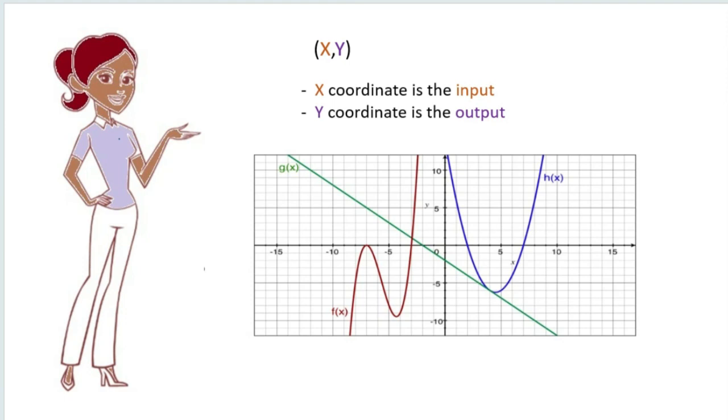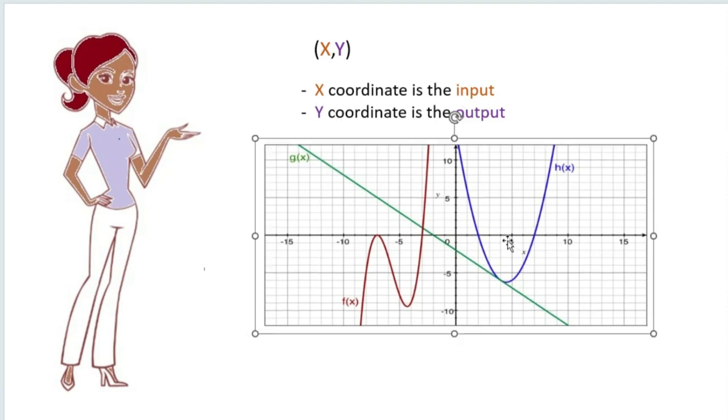So it's important to know that your x-coordinate is going to be your input and your y-coordinate is going to be your output. Let's say our input is 8. So I go along the x-axis and I find 8, and I'm going to go up to see where my graph hits 8 as my x-coordinate.